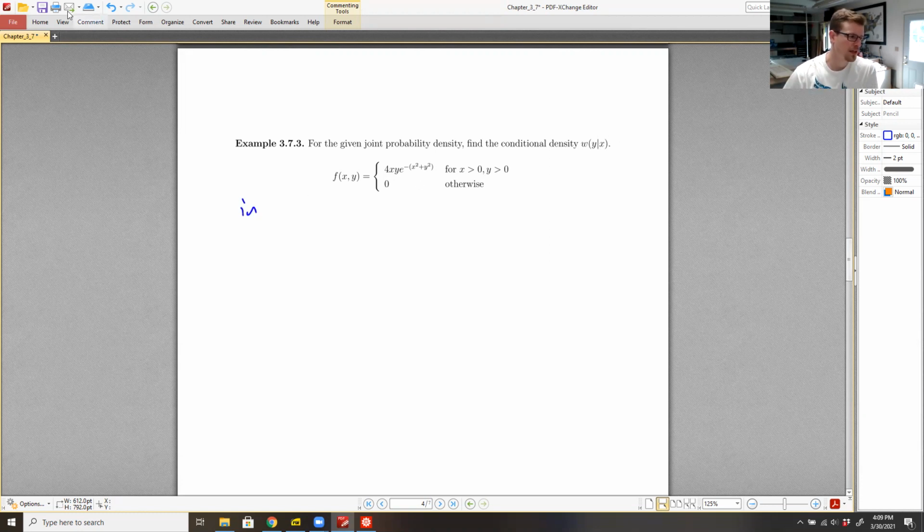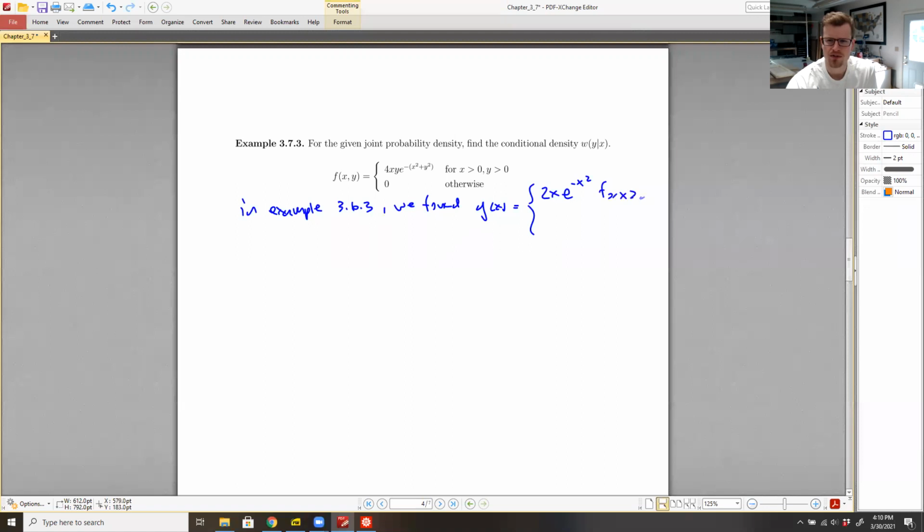In example 3.6.3, we found the marginal density g of x, which is 2 times x times e to the negative x squared for x greater than 0, and it is 0 otherwise. All right, so this is what we want to revisit.